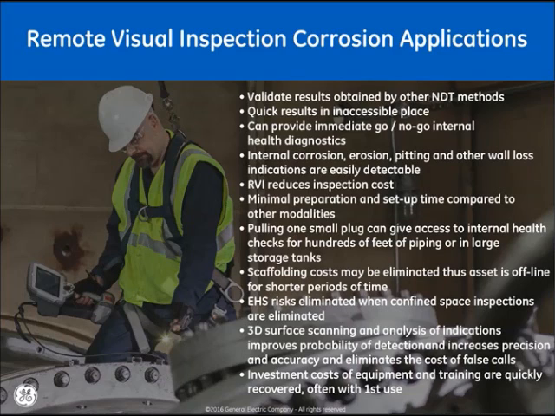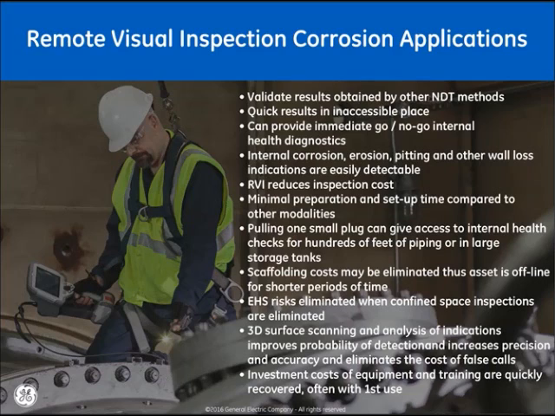The typical equipment setup for these types of RVI inspections is fairly straightforward and requires a minimal amount of setup time. The information that you get with RVI, whether it's live video, still images, or recorded movies of pitting or erosion or corrosion, allows you to make a quick go, no-go kind of assessment.